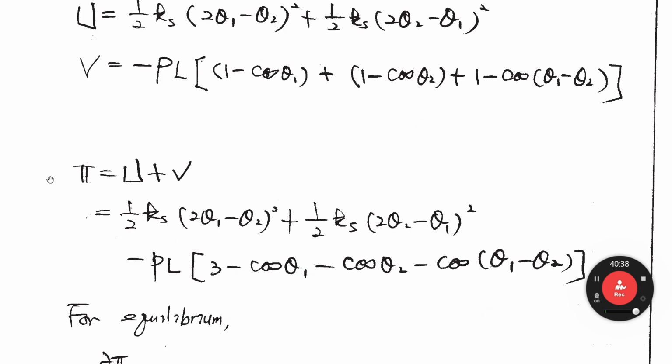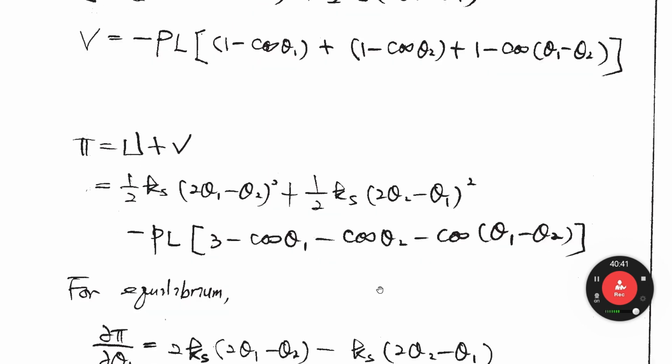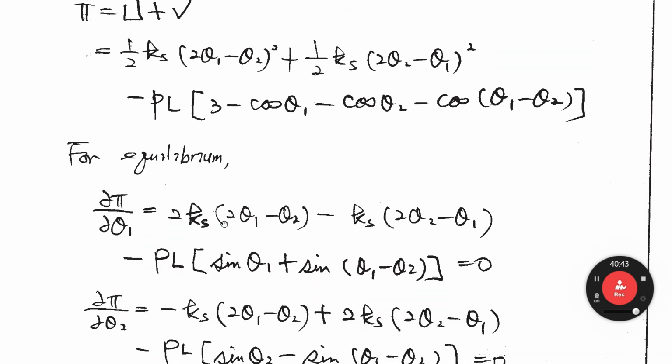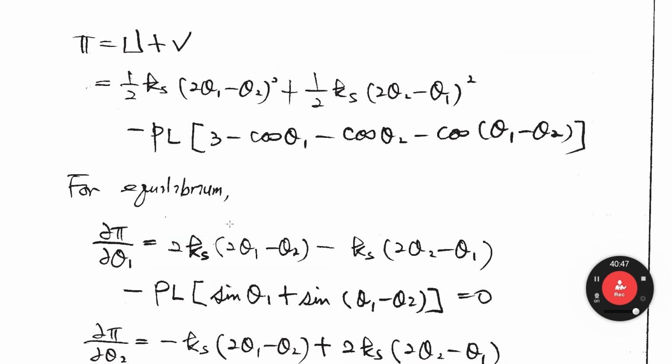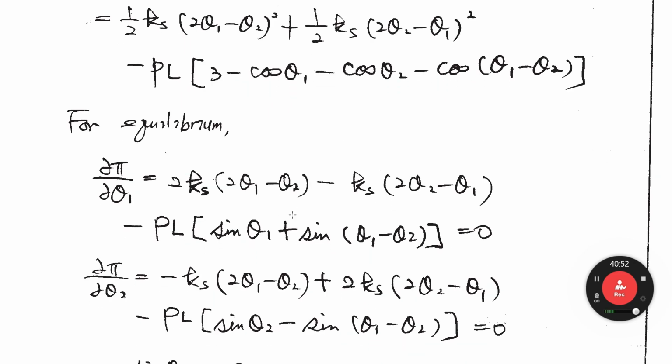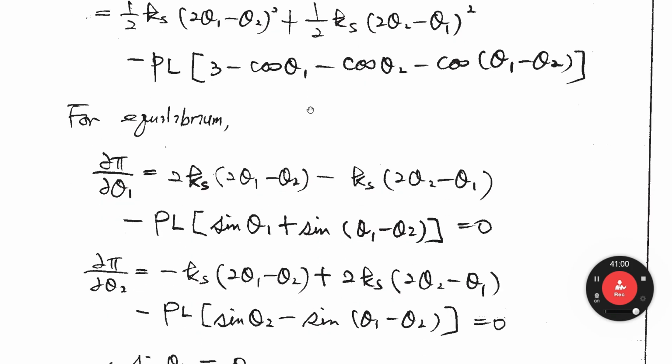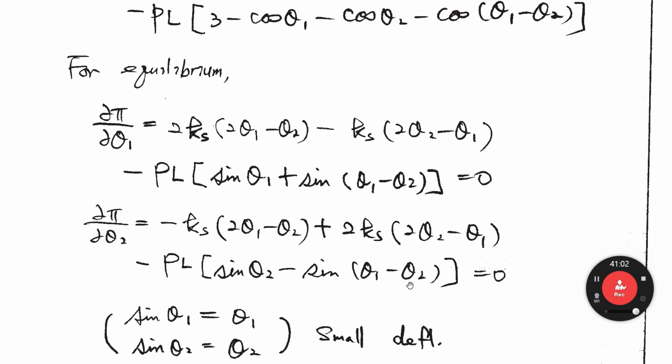This is the total energy like that. For equilibrium, you take the derivative. So, for a 2 DOF problem, we have two different derivatives, regarding theta 1 and theta 2, of this equation. You can get this equation and this equation.